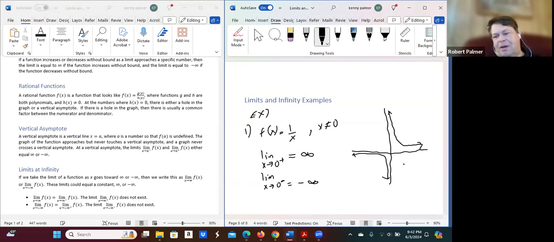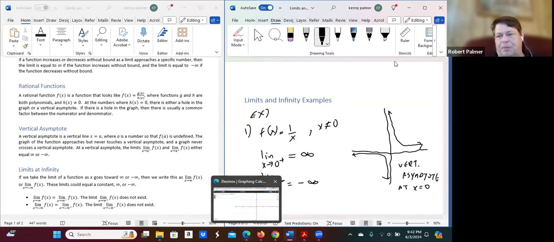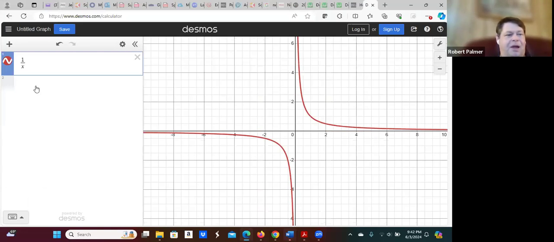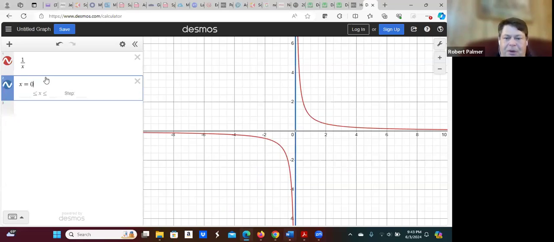Okay, so we have a vertical asymptote at x equals 0. Let's zoom in a bit more to make this clearer. I can also graph vertical lines on Desmos, x equals 0. We can see that the function approaches that vertical asymptote.